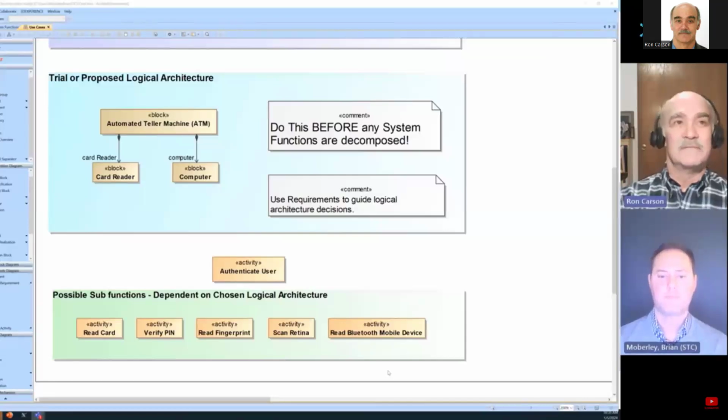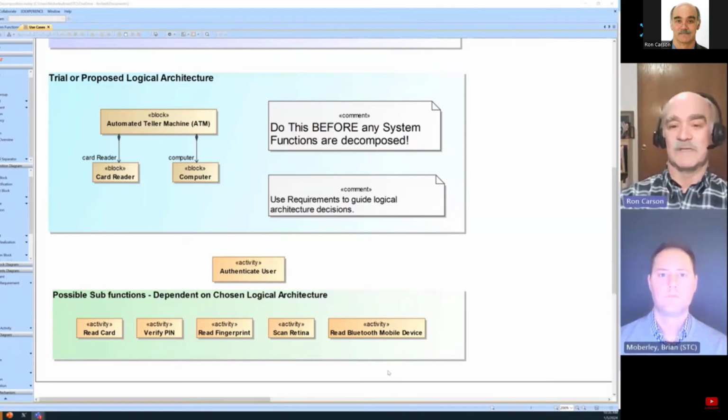And I noted this in my 1996 paper, and this is on my YouTube channel, Ron on Requirements, that the way we figure out that we have a complete set of requirements is that we have to definitize the interfaces at the system of interest before we can know that we have a complete set at that level.